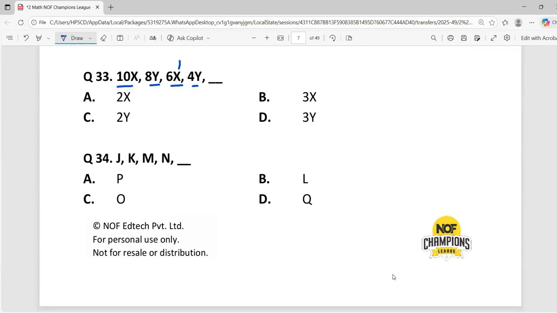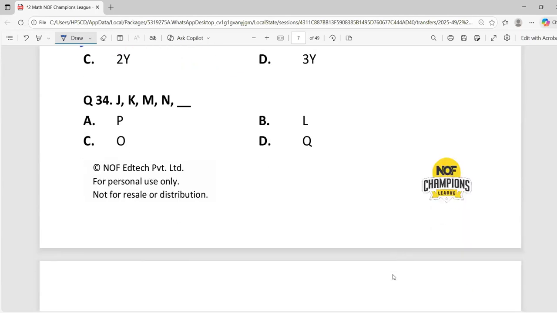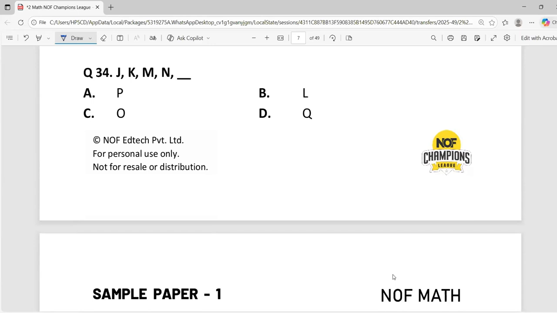First of all it is x, y, x, y, so since y is the last one here, we will have x next. And the coefficients are going down by 2: 2 twos are 4, 2 threes are 6, 2 fours are 8, 2 fives are 10. So we'll get 2x. Now where is 2x? Option A is correct for the 33rd question. Okay, 34th.